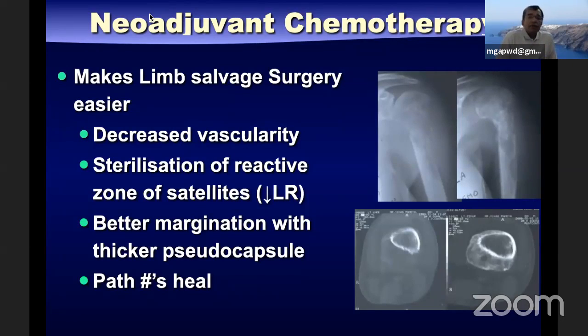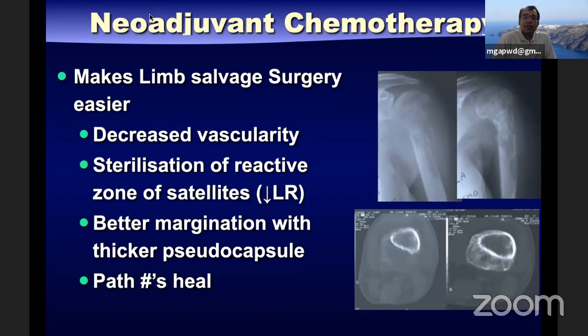Now, we started neoadjuvant chemotherapy because of the necessity of buying time before surgery, but we realized that this is actually a good policy. It allows us to control the disease. It allows pathological fractures to heal. It allows a reactive zone to form around the tumor.